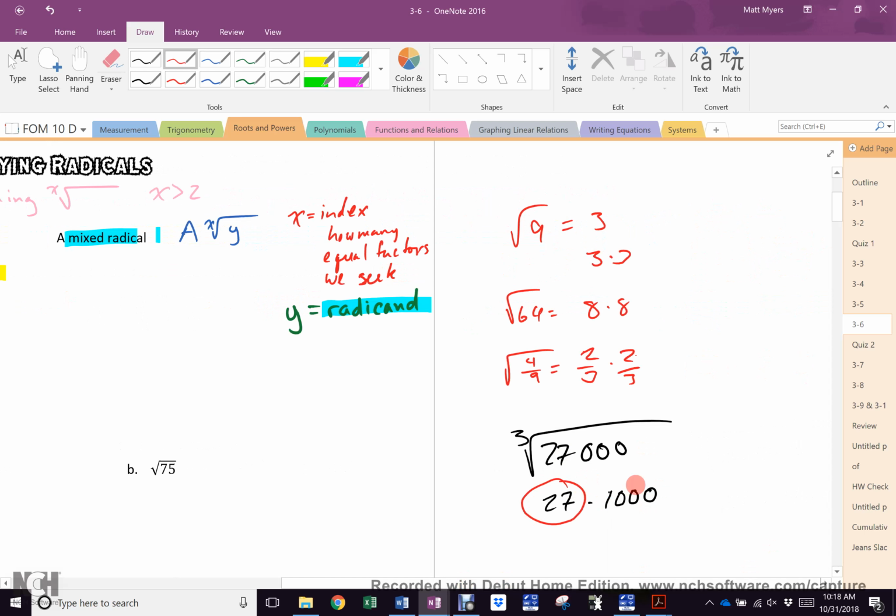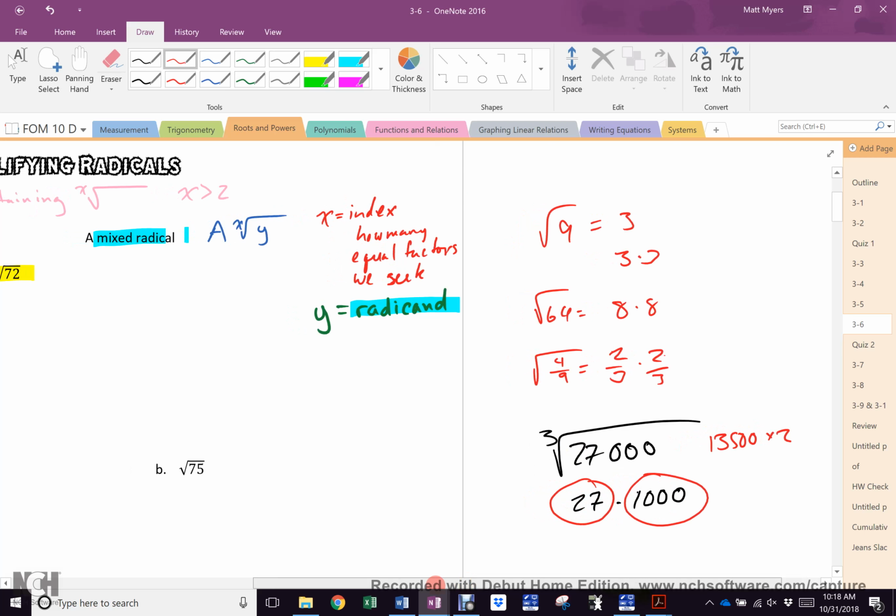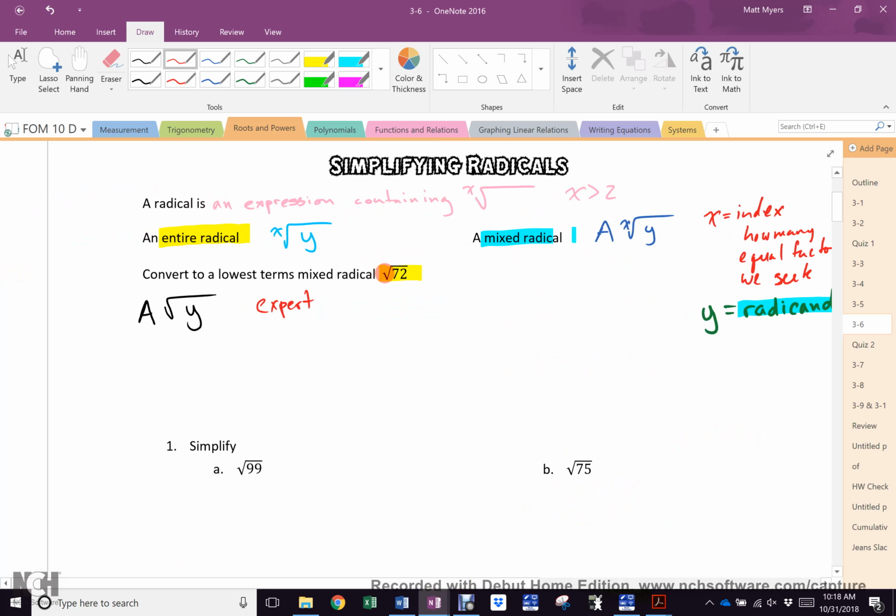Why did I use 27 and 1,000 there? Because 27 times 1,000 is 27,000, but why did I choose 27 and 1,000? Why didn't I choose 13,500 times 2? Because they have cube roots, right? In this question, I'm looking for square roots, aren't I?